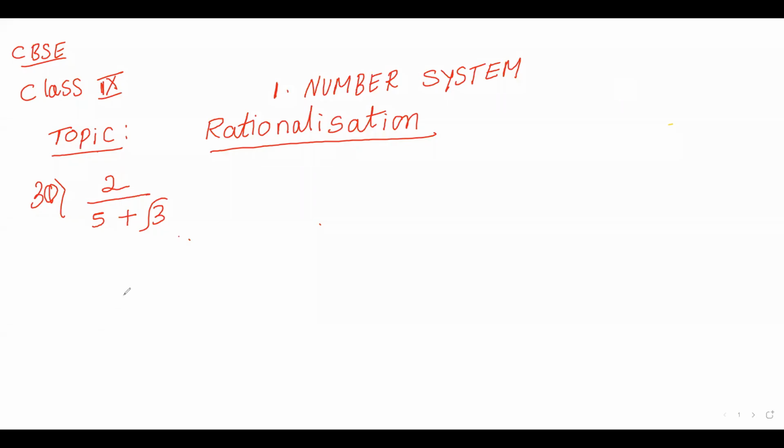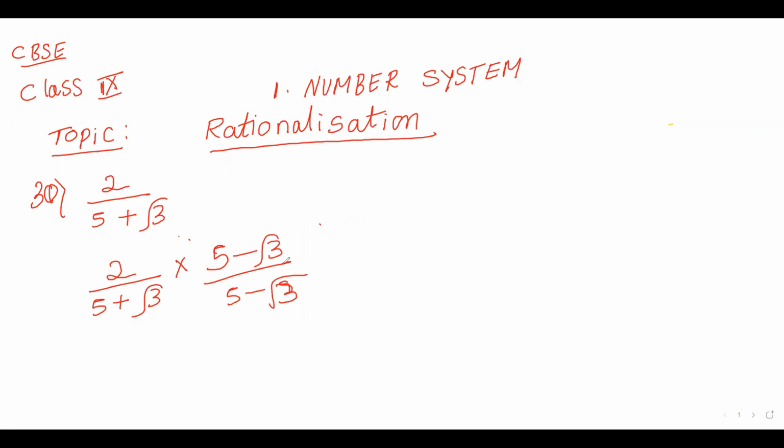In the third question we have 2 by root 5 plus root 3. What is the rationalizing factor of root 5 plus root 3? Sorry, not root 5, 5 plus root 3. The rationalizing factor is 5 minus root 3. So multiply and divide with 5 minus root 3.